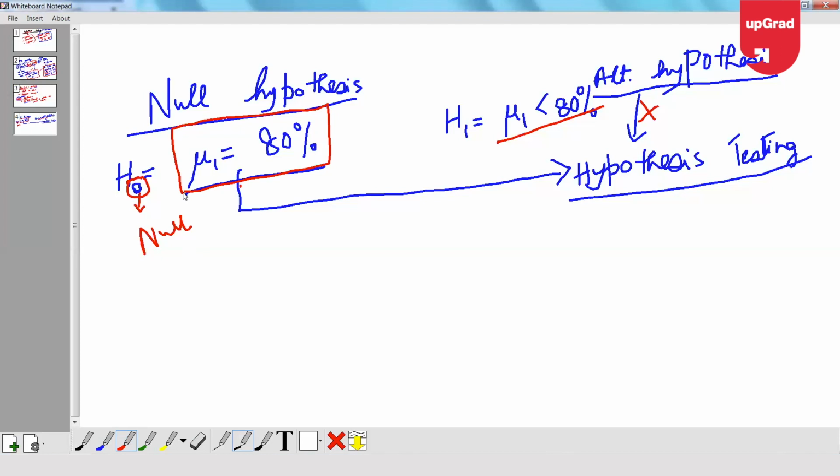I repeat, when I do hypothesis testing, I use null hypothesis, and I want this statement, the null hypothesis, to have very low probability.